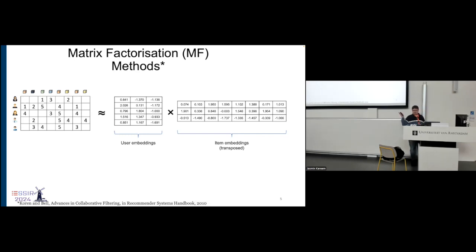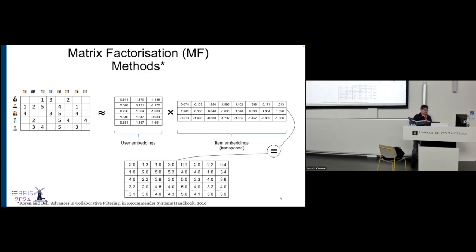There are different techniques for this decomposition, but in general, there's one matrix which roughly corresponds to user embeddings, and a second matrix which roughly corresponds to item embeddings. We multiply them back, and we get a new matrix which is now complete.